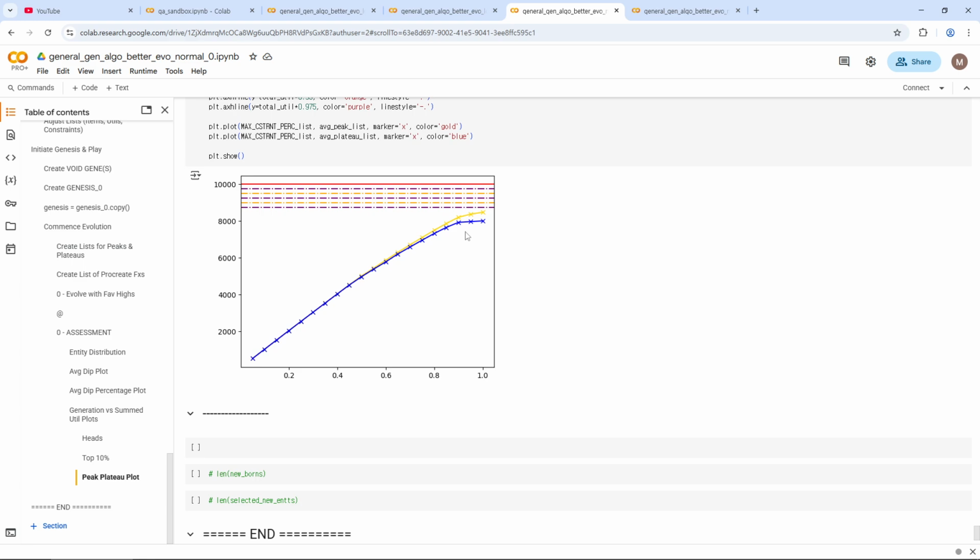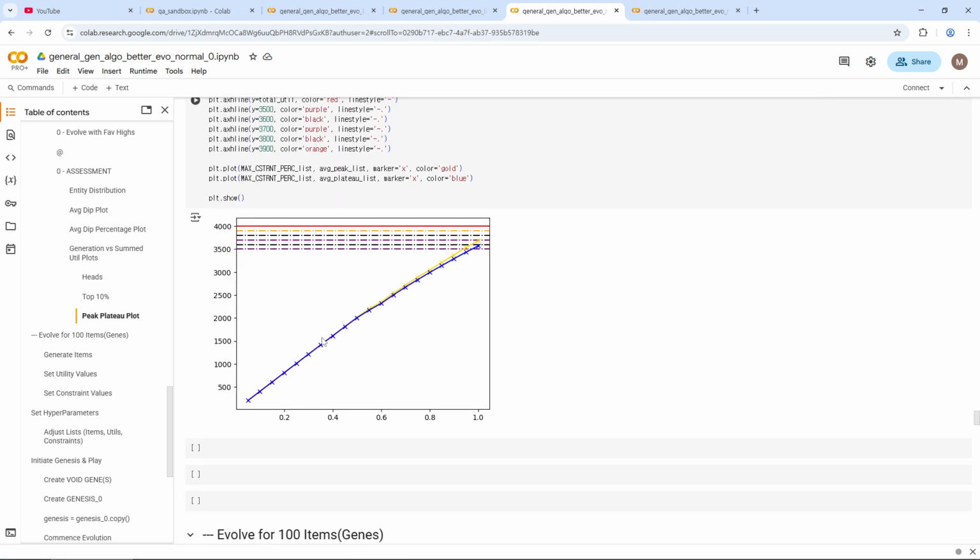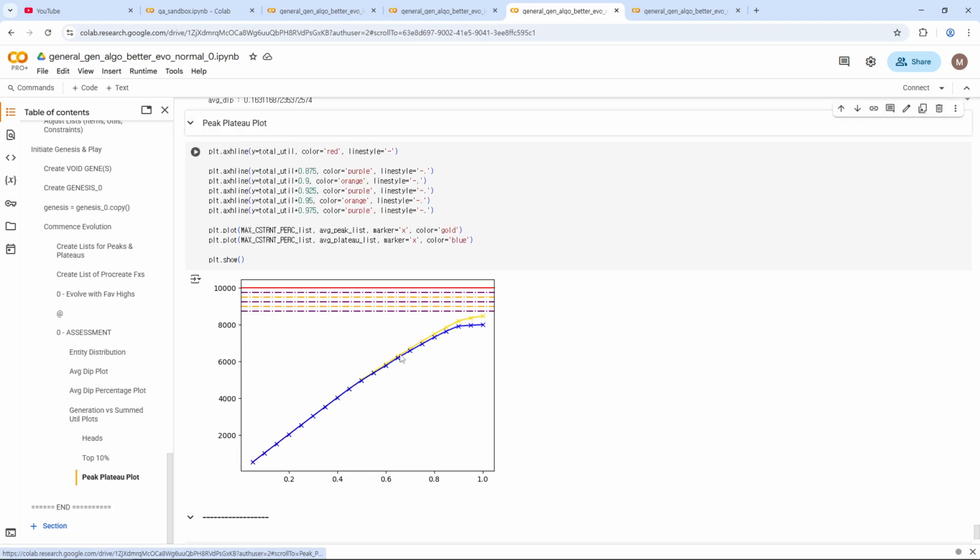Well, not so wrong, but something could be better or changed, because if you compare this to this peak plateau plot, the slopes aren't as steep as I would like.